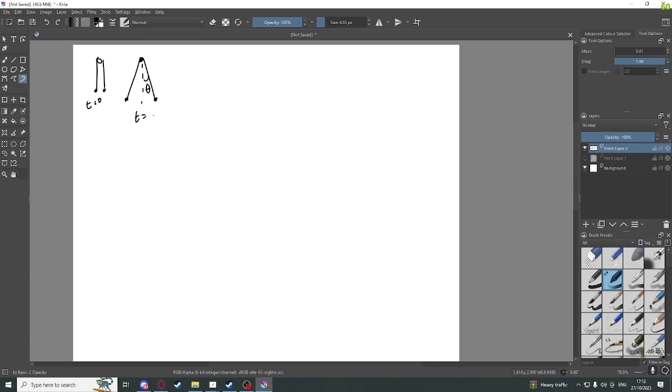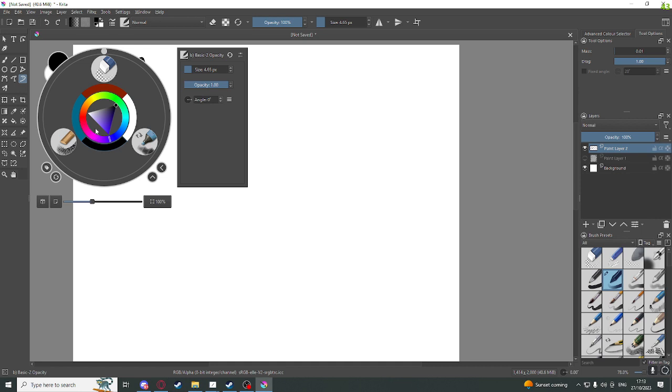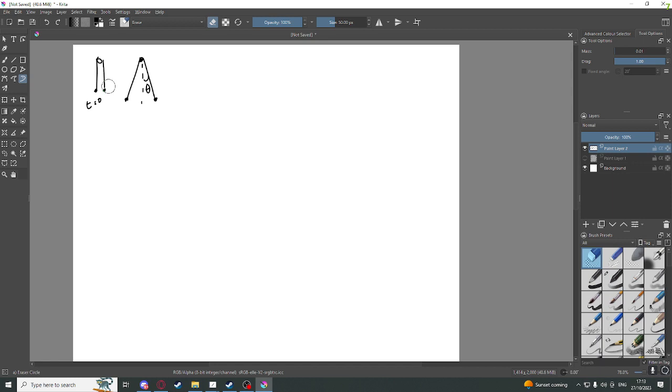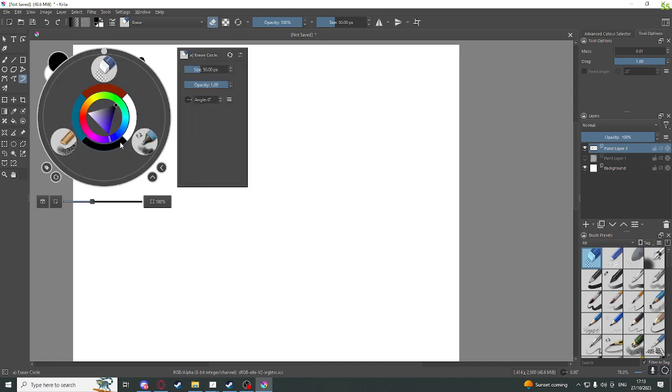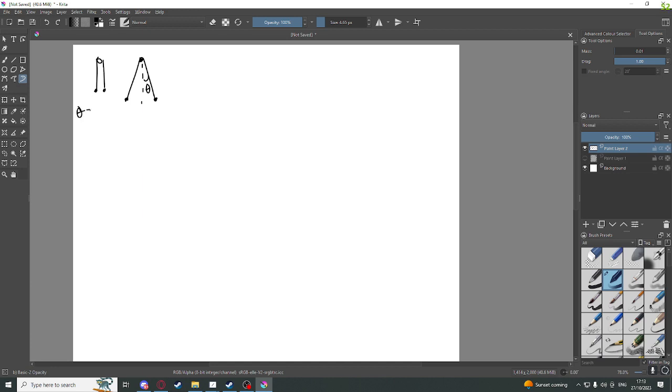Actually, sorry, no, I don't want to do that just yet. I think I'd rather say that my angle here is 0. Okay, theta is equal to 0. Theta is in between 0 and theta c.